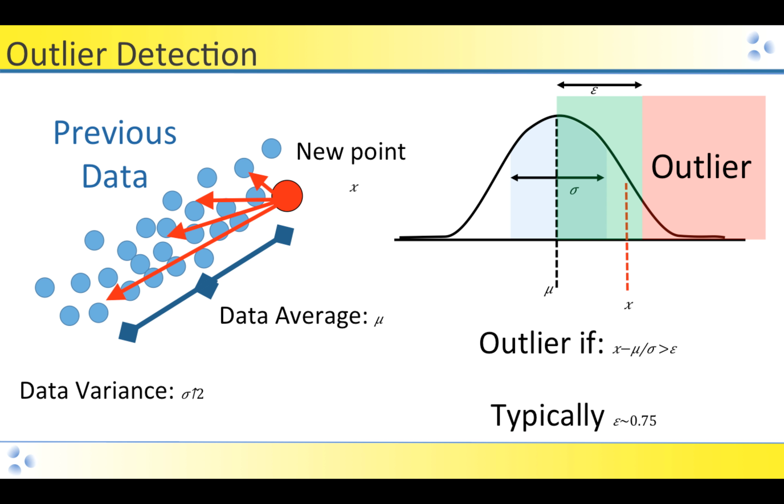If that's bigger than some threshold, we will call it an outlier. The threshold epsilon in most outlier detection algorithms turns out to be about 0.75, which puts about 75%, give or take, of the data that come in as not being outliers. And this is something that a user certainly can set: what's their outlier detection threshold.